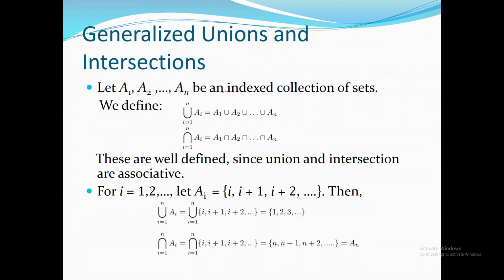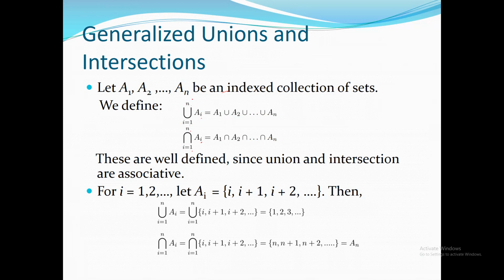We define the union of AI, with I indexed from 1 to N, as A1 union A2 union A3 union A4 up to union AN. Similarly, we can write the intersection of AI, I from 1 to N, as A1 intersection A2 intersection A3 up to intersection of AN.